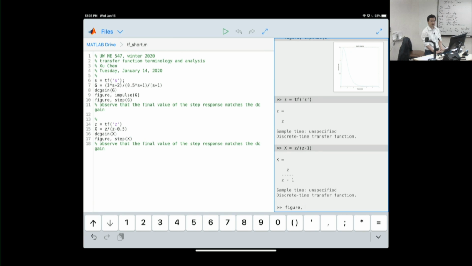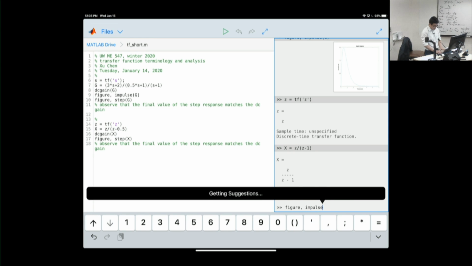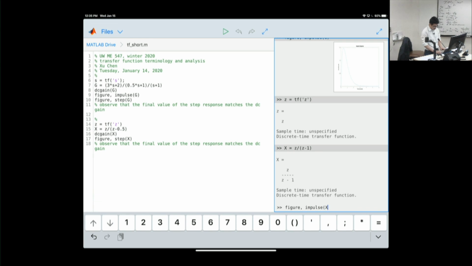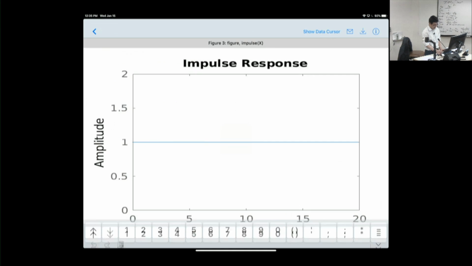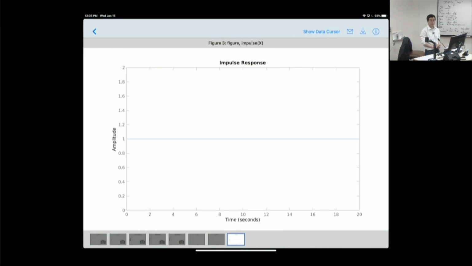Let's see whether this is the case. So if I want to know the impulse response, so this is a step, right? If your input is an impulse in the z domain, it's 1. So 1 times this transfer function z over z minus a is the output, z over z minus 1. So it's a step. So you see exactly.